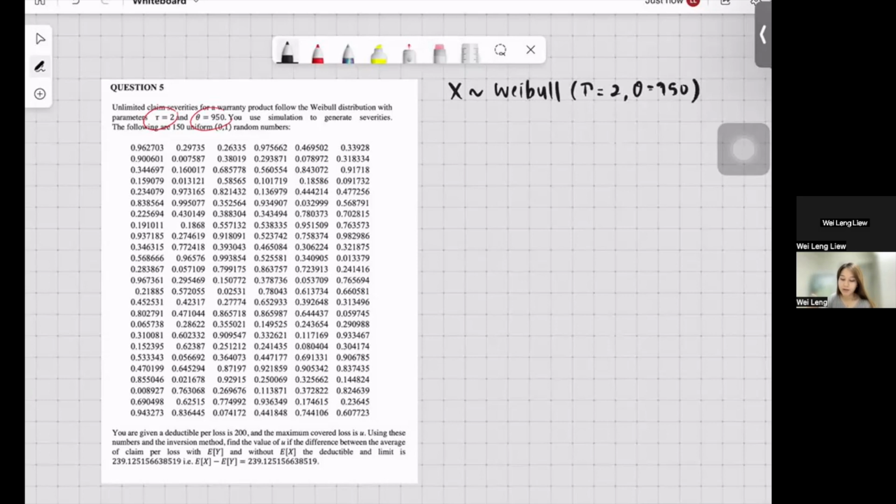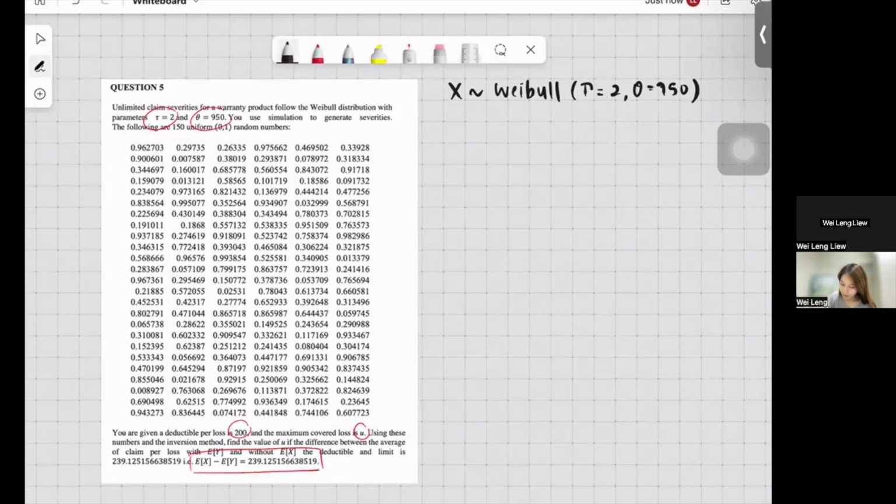We are given 150 numbers that are randomly generated based on the uniform distribution from 0 to 1. It is also given that our deductible per loss is 200 and the maximum covered loss is U. We are also given an extra hint that EX minus EY equals 239.125.